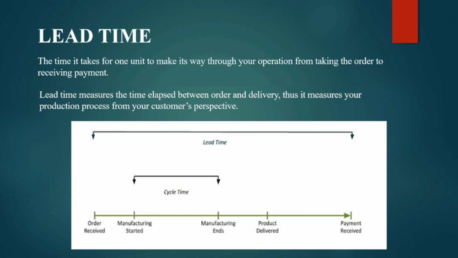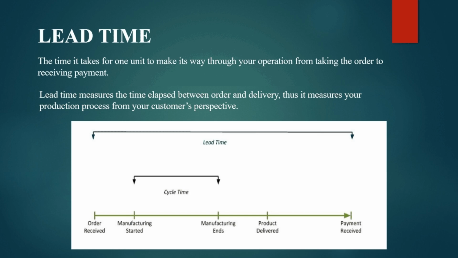For example, if you receive the order on, say, the 6th of May and you deliver it on the 10th of May, the lead time is 4 days. Whereas you start the production activity on the 8th and complete it on the 9th, that is, your cycle time is 1 day.